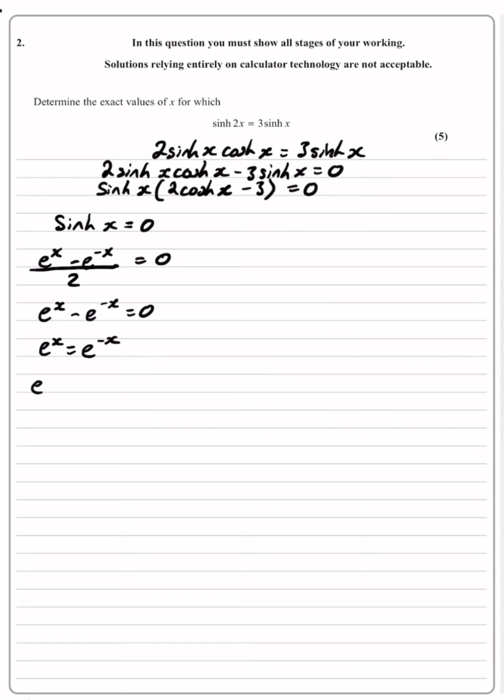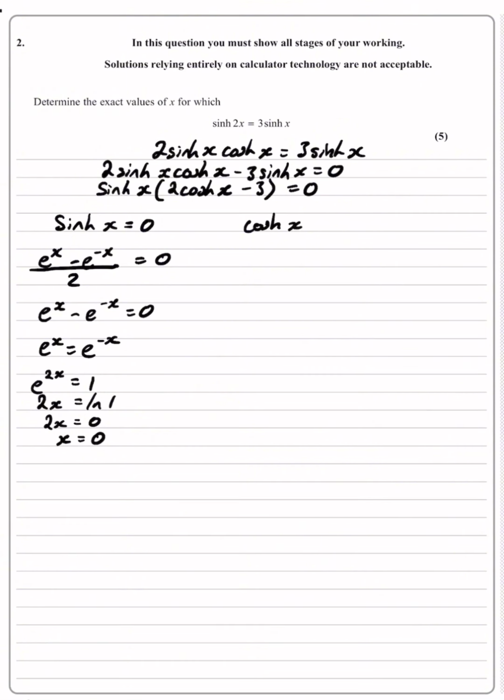Multiply by 2. Bring the e to the minus x over, times both sides by e to the x. Take natural logs of both sides. 2x equals ln of 1. Ln of 1 is of course 0. 2x equals 0, x equals 0. You could skip that and just jump from sinh x equals 0 to x equals 0 if you wish.